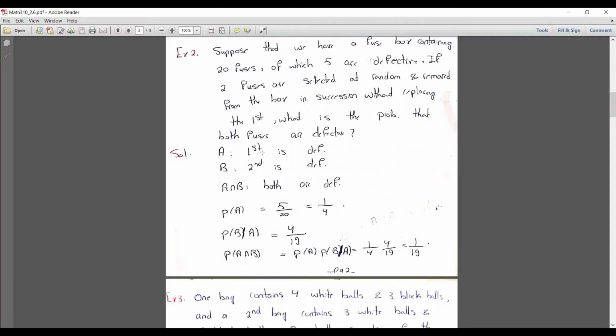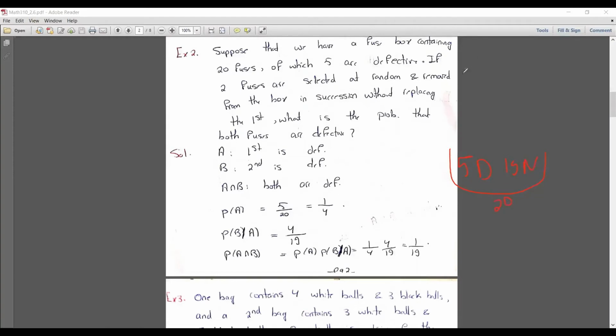P of A means that the first fuse is defective. Here we have many fuses, right? In which we have 5 defective and 15 that are not defective, and the total is what? 20.